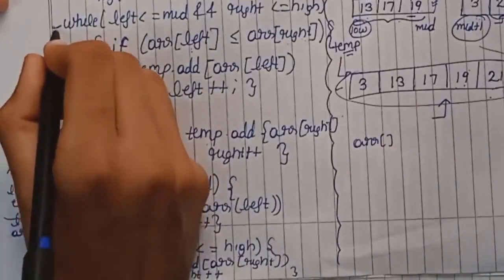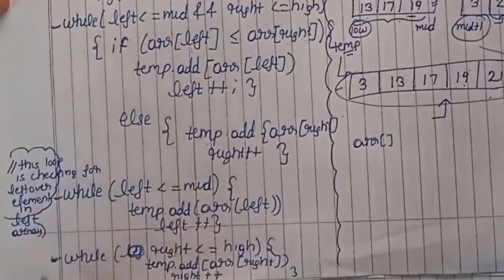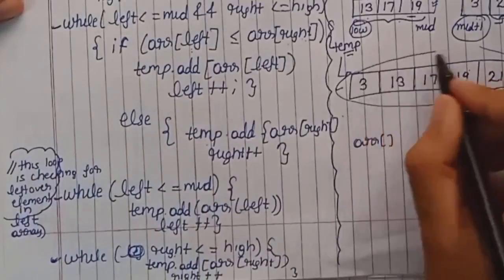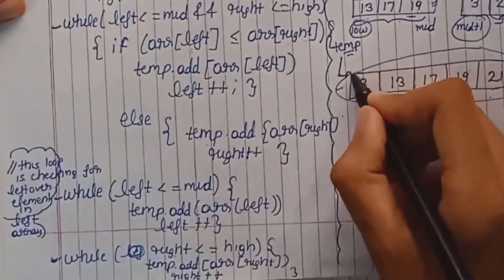So after these 3 loops, we will get our sorted array as the temporary array.